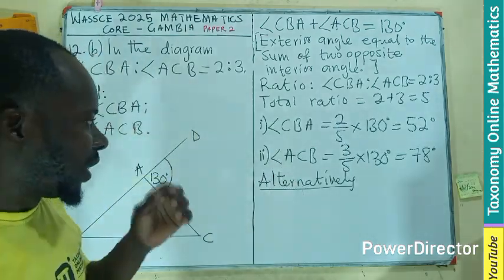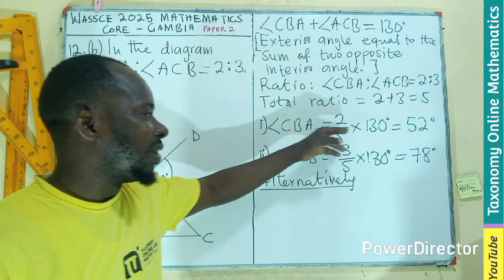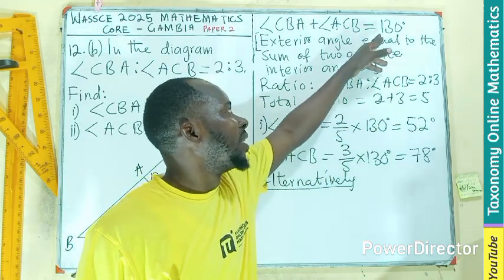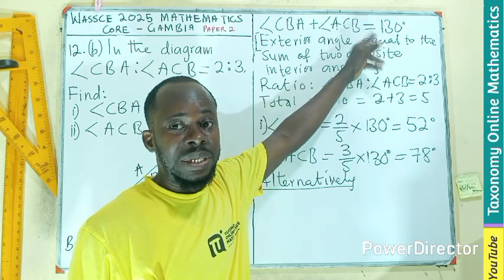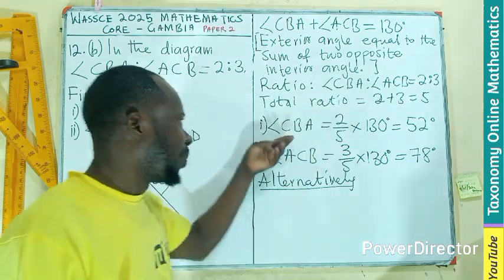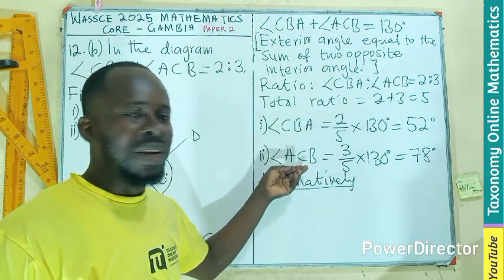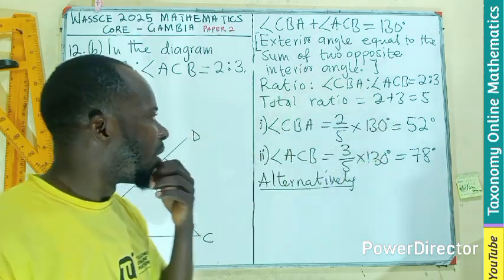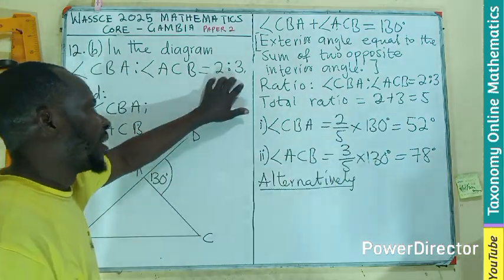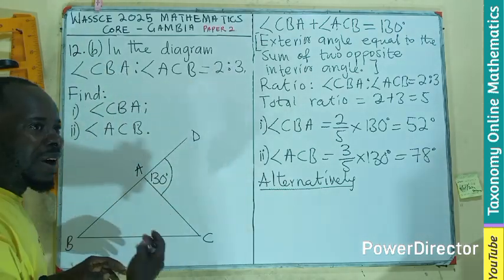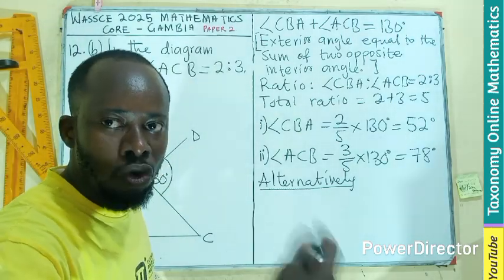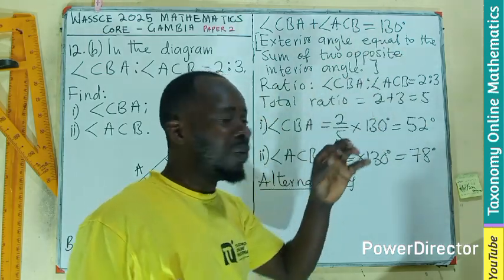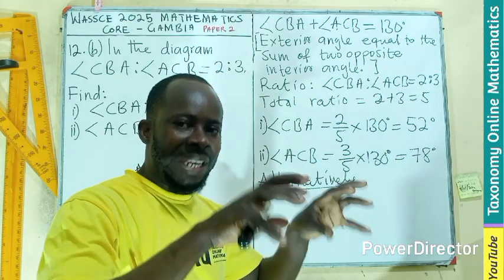Before using the alternative approach, after getting the total ratio, we can just divide the angle we are sharing by 5, then multiply by 2 for this and by 3 for this, without going through the fraction times 130. The angles are divided into groups, where 5 dividing 130 gives 26.